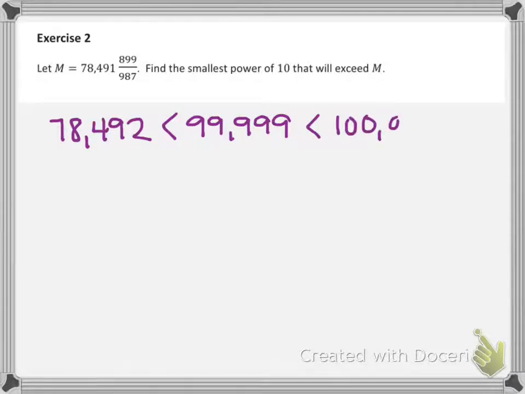So what power of 10 equals 100,000? Well, that's 10 to the 5th power.